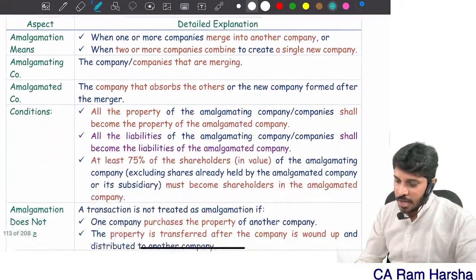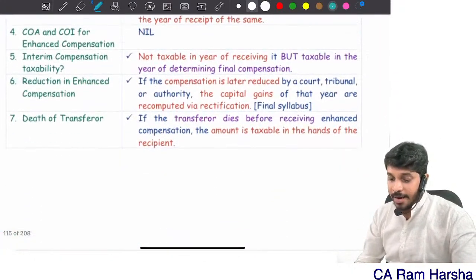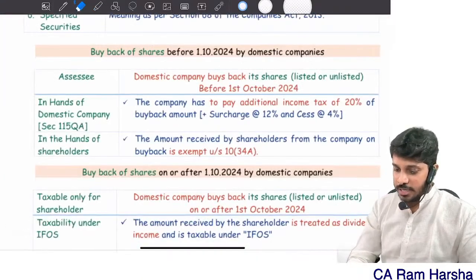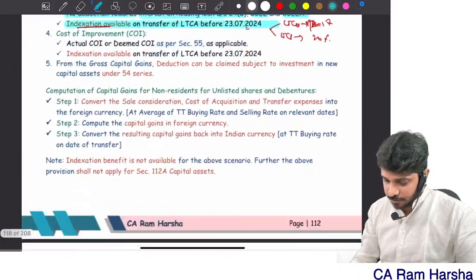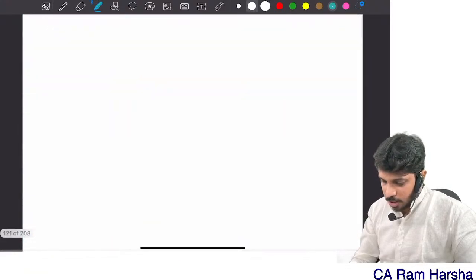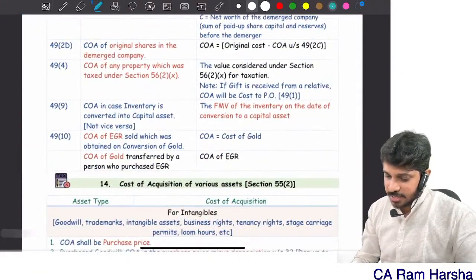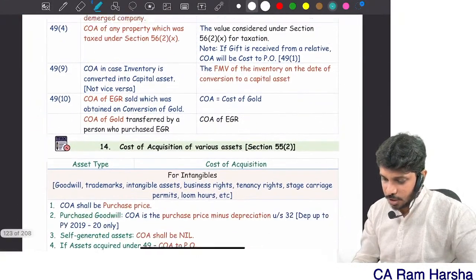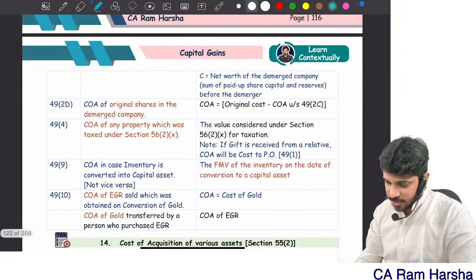Simple. Next. Now let's come back to cost of acquisition in specified circumstances.